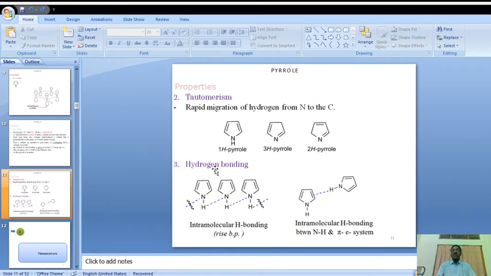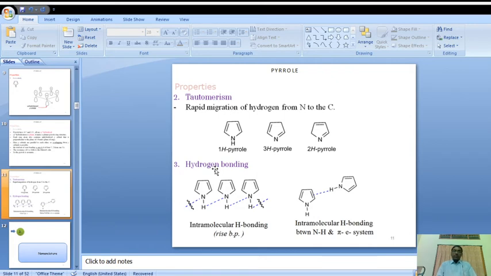It is one of the tautomeric structures of pyrrole. Tautomer means the total number of atoms and bonds are the same, but one atom is migrated or shifted to another place. It gives a different structure.